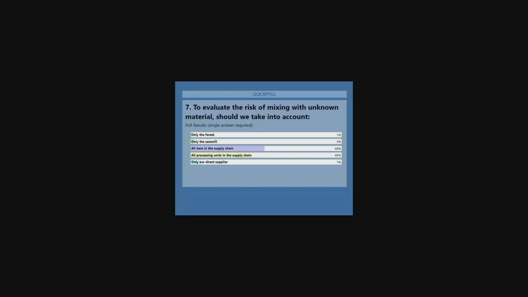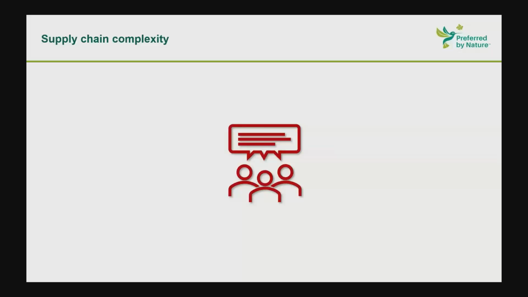So that's something you need to take into account. That's why it's important to know who is doing what along the supply chain, because you need to know the processing practices in place at any point of the supply chain to evaluate whether contamination is possible or likely, right? And so not only your direct supplier, not only the sawmill, but yes, all the tiers in the supply chain need to be considered.